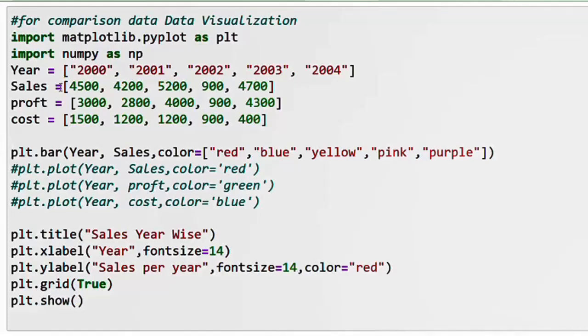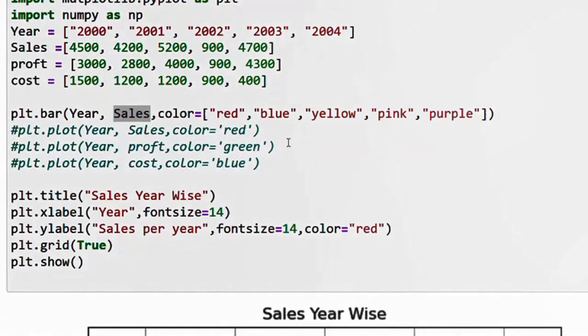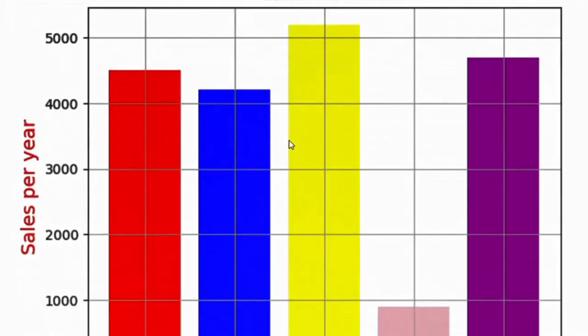So how much the sales were for 2000, then the sales for 2001. For this kind of comparison with two parameters, we can use the bar chart. In this line we are displaying the bar chart using only the year and the sales, only two parameters. Then if I run this program, we have this bar chart.